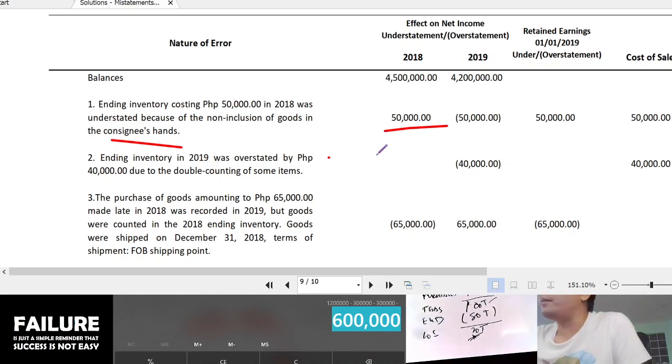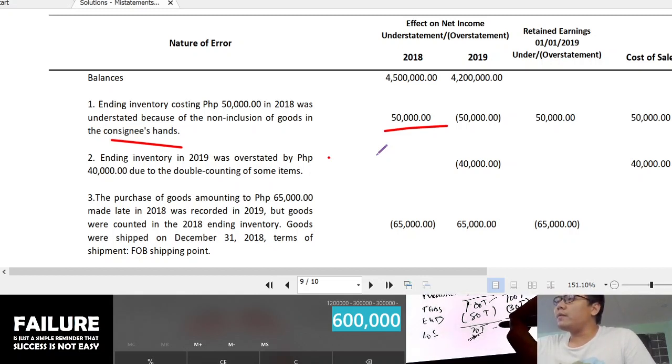Now what happens in the problem? Wala tayong beginning inventory pa rin. So the correct total goods available for sale is 100,000. Now, what happened is that nagkulang daw tayo sa ending inventory. So that makes our ending inventory understated, di ba? So pag understated tong 80,000 natin, in our particular example, this is only 30,000. So, we have a computed 70,000 na cost of sale.